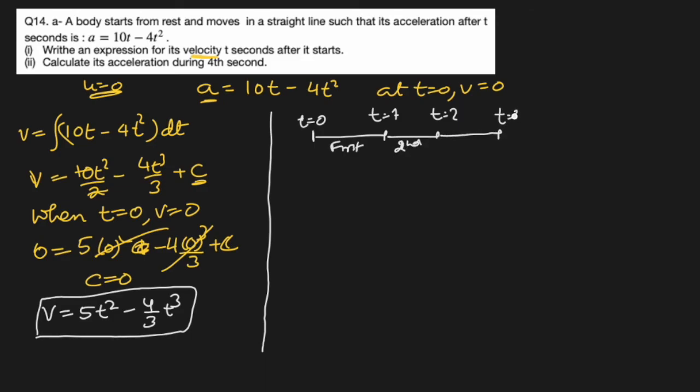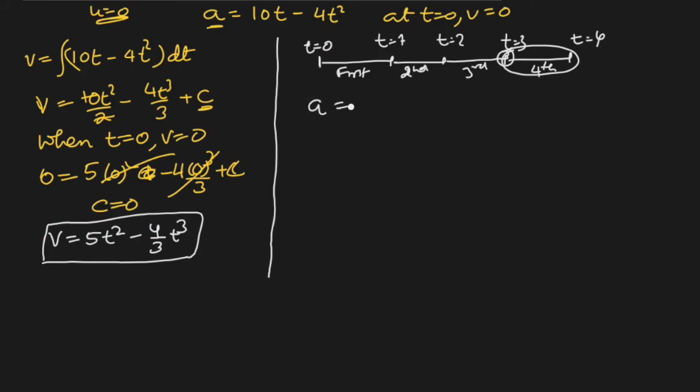T equal to 3, third second, and t equal to 4, fourth second. They're saying during fourth second, that means this is what they are concerned with. And acceleration is v minus u over t. So we have to find v here and v here. This will become u, this will become v.